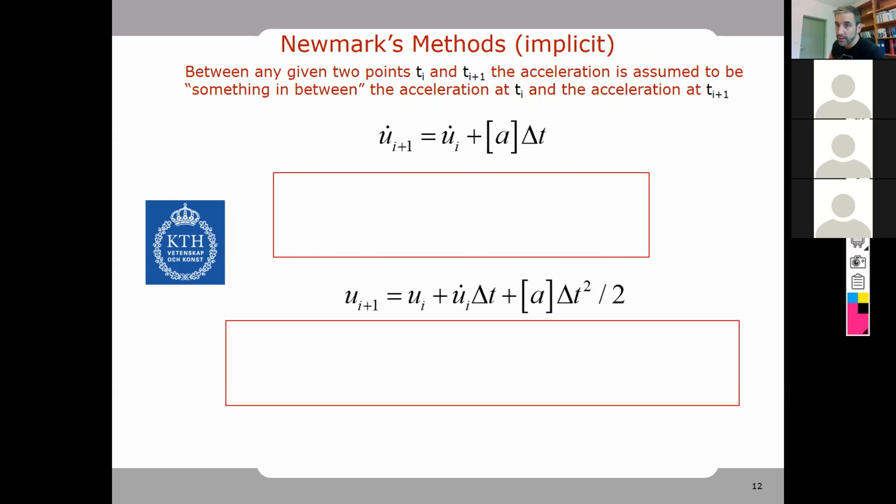Again, the difference between implicit and explicit is that the implicit uses the equation of motion and makes sure that the equation of motion is satisfied at the point in time that you're trying to calculate, while the explicit just assumes that the equation of motion is true at the point in time that you already know, and kind of hopes for the best. Hope that wherever it lands, it will be close enough to the reality.